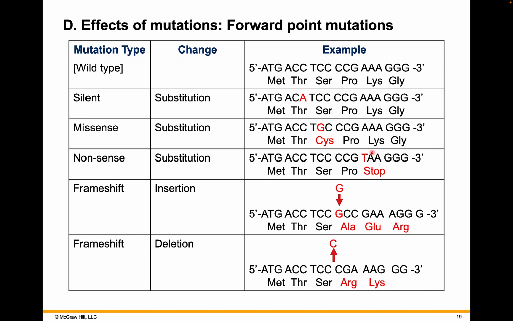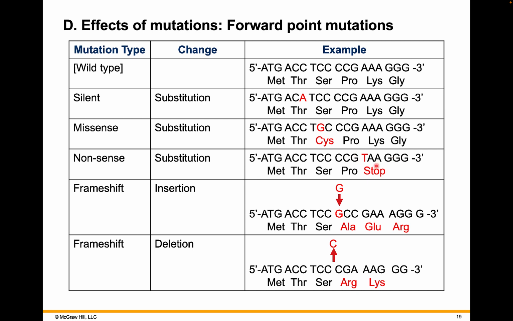And if this stop codon is in the beginning or sometimes in the middle part of the protein, almost always this will cause the protein to be nonfunctional. The protein is basically dead, and the organism will not have that protein. If that protein is necessary for its survival, it will be a lethal mutation.